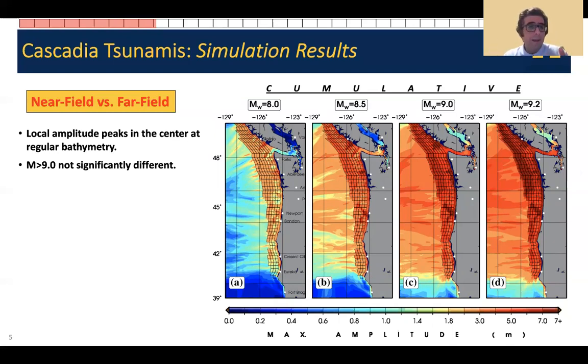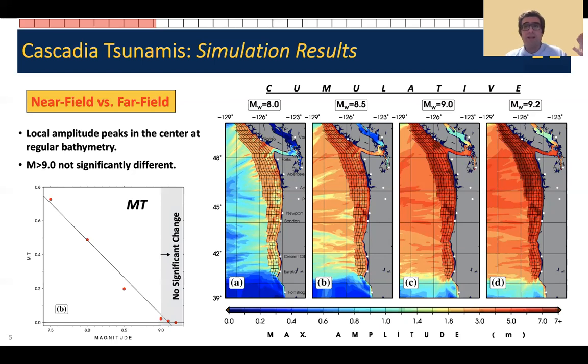And of course, magnitude 9, if you look closely, is not terribly different from what you see in magnitude 9.2. In fact, I can quantify this using this MT metric, which basically compares two figures of the same grid to one another. For two identical grids, MT would be equal to 0, and the larger the difference between the two figures, the larger the value of MT will be.